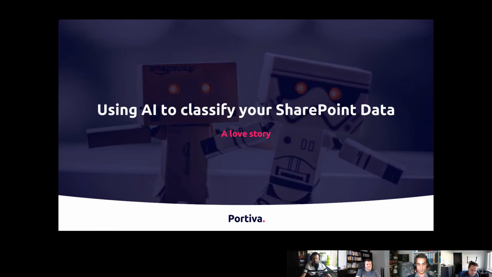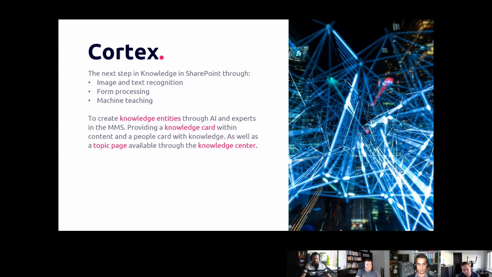First, you probably heard about Project Cortex. Project Cortex is a new service Microsoft will be releasing, and they position it as basically the next step in knowledge management in SharePoint. What they do is image and text recognition, form processing, and machine teaching. It all sounds really interesting.